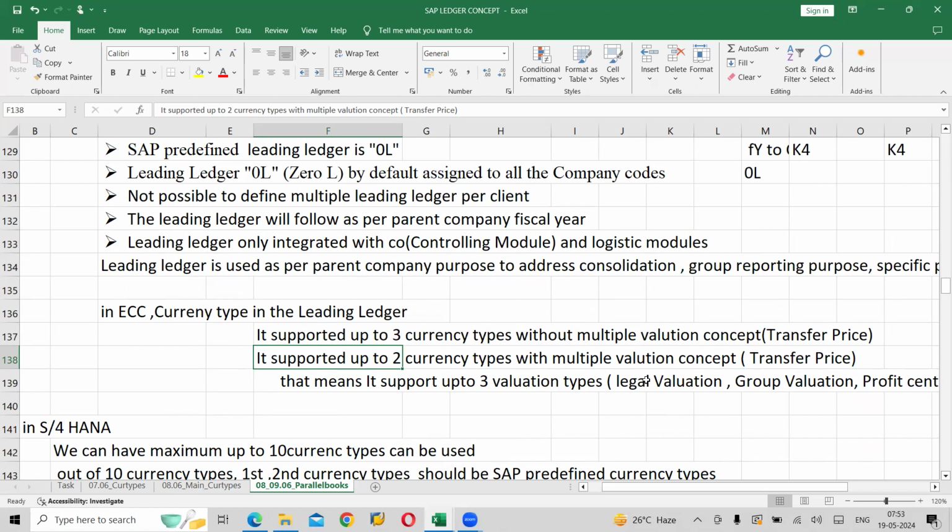If we are using the multiple valuation functionality, then it supports only 2 currency types. This is very, very important. Again, I'm saying. So 3 valuation types in the sense of what? Legal valuation, group valuation, and profit center valuation.